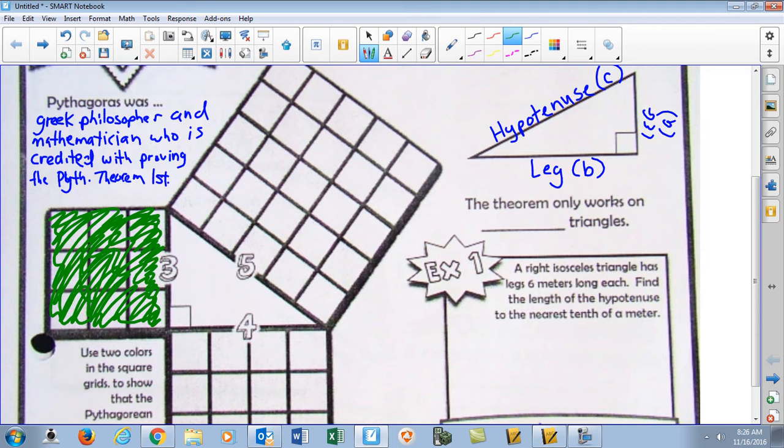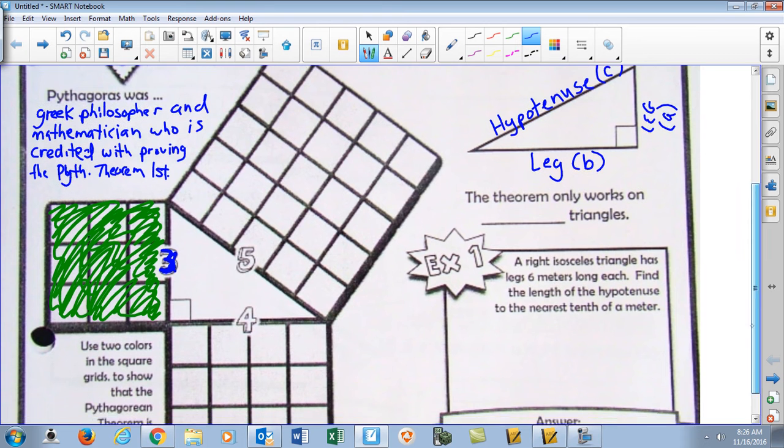Because this has an area of 9, right? You see the 9 blocks? And the square root of 9 is 3, hence why this little side here is 3. I'll even put a little color into that. How's that? Not going to spend all my time coloring, though. Alright. And then below is the 4.